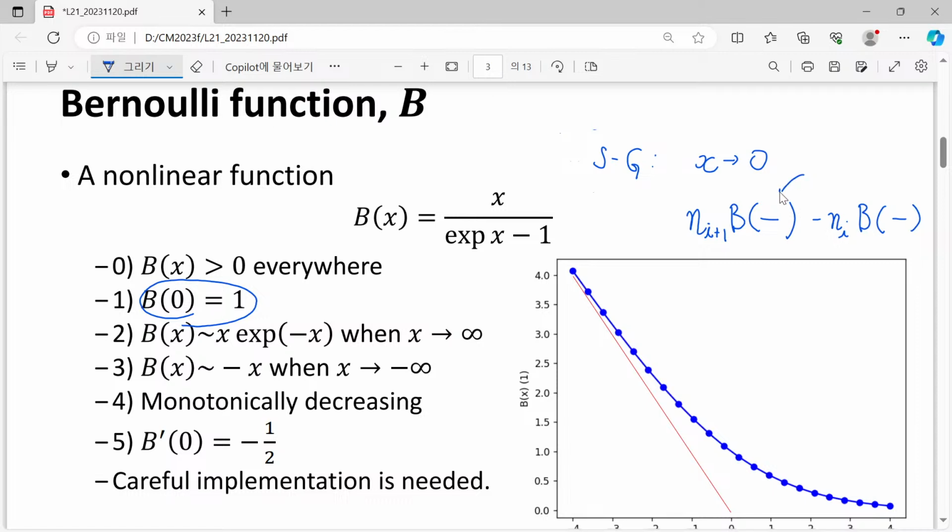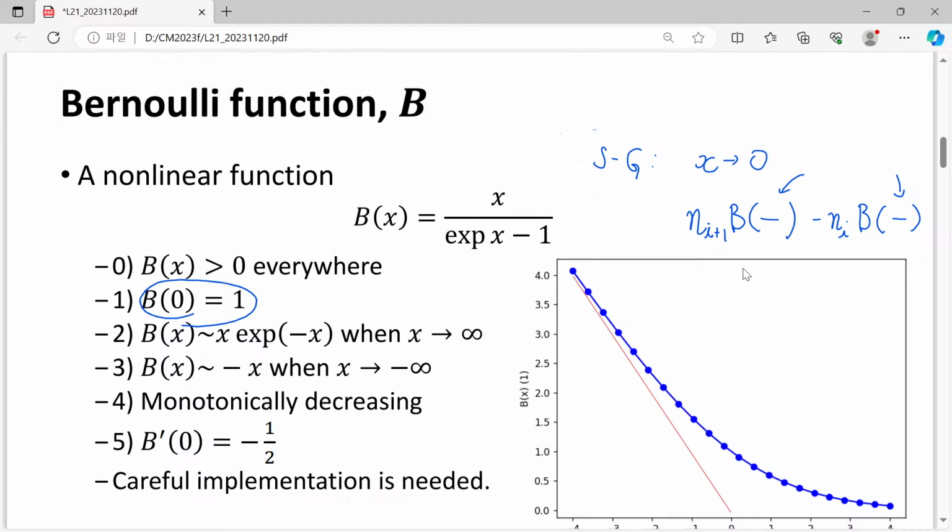Of course, this and that are opposite in their sign. However, if both input arguments are very close to 0, then the Bernoulli function does not contribute any special role.